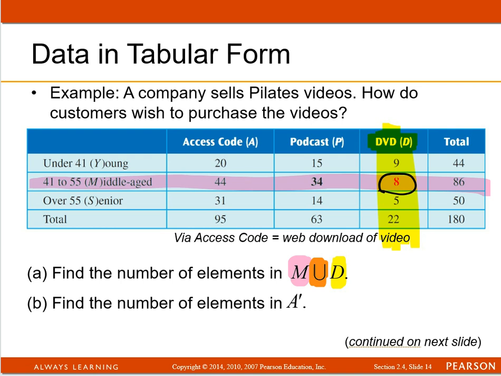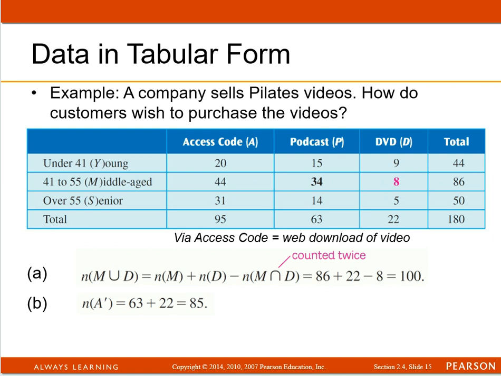So for M, there are 86 for M plus 22 for D. But if you just add 86 and 22, you have added this 8 twice. So you have to subtract it out. And I think they showed that on the next slide. Yes, they do, right here. 86 plus 22 minus 8, and so the answer is 100.